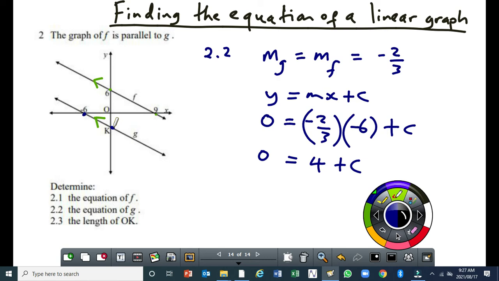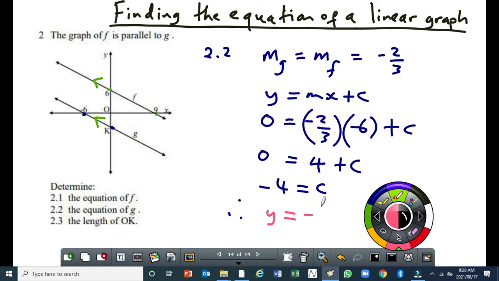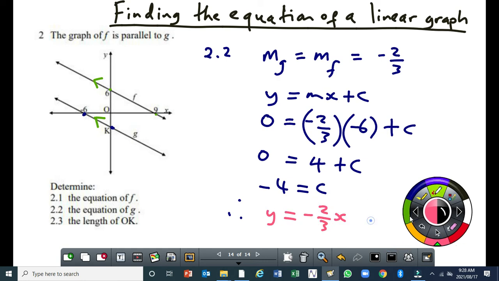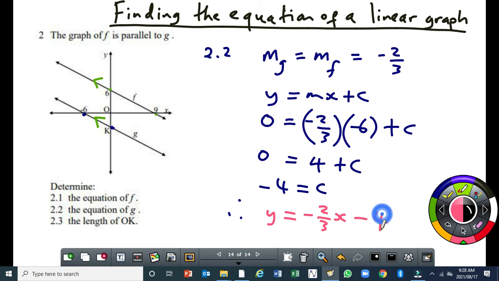So, minus 4 is equal to c. Therefore, the equation is going to be y equal to minus 2 over 3x minus 4. So that will be the equation for the line g.